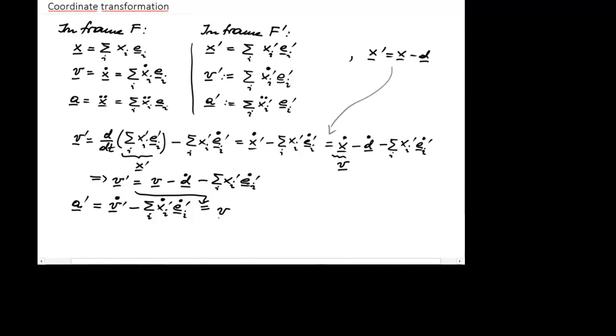So we get v dot minus d double dot minus, and then from that we get two contributions by product rule. We get first a contribution xi prime dot ei prime dot, which is the same that we already have there. So in total we get this twice.